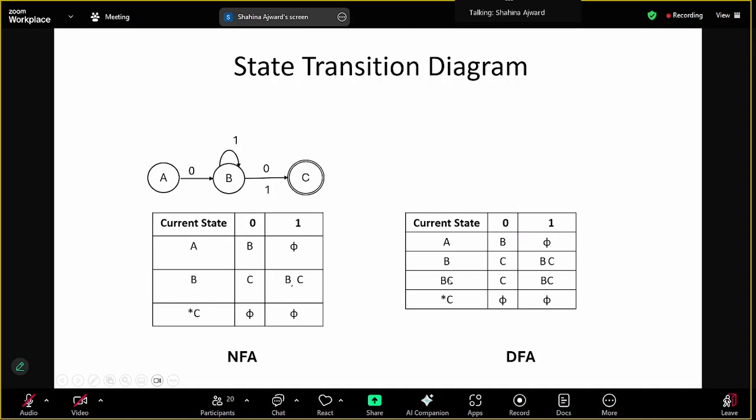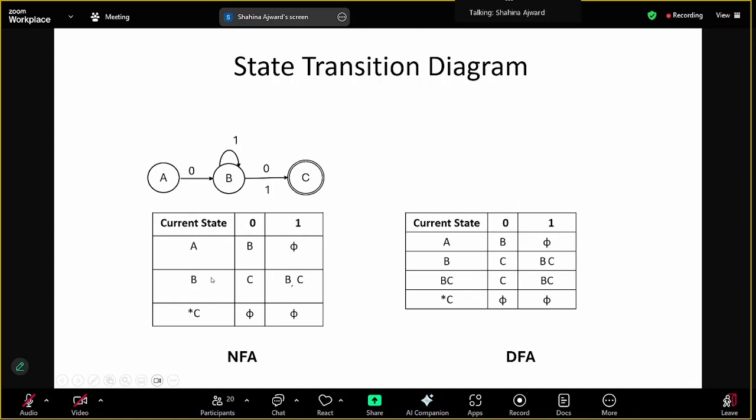I have made a small mistake. Here you can see a star, right? The star is because this C is a final state, and this BC is also a final state, because every state which includes the final state should be a final state.